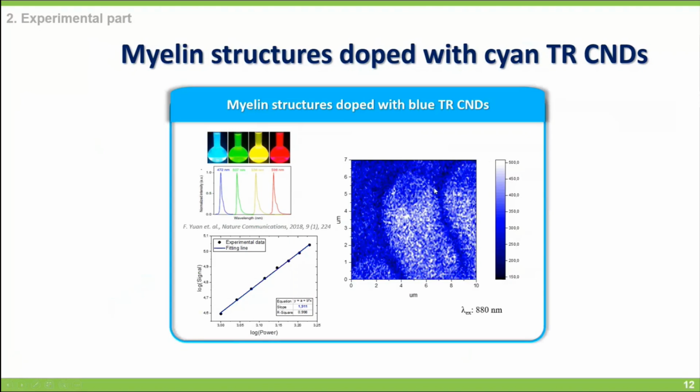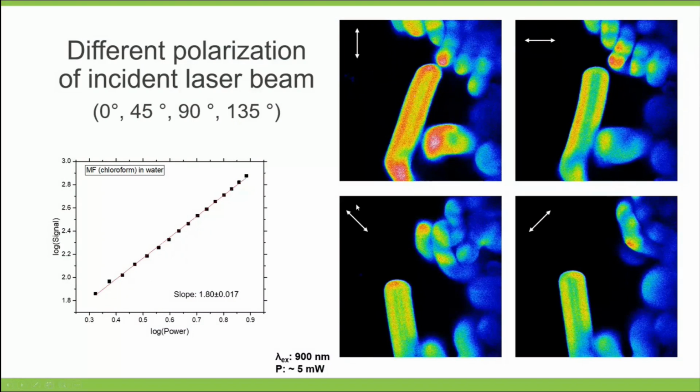So we checked it also for the blue triangular carbon nanodots, and here what we've seen was, of course, similar results for the 3D structuring, but more interestingly, we've seen also the polarization dependence of the emission.